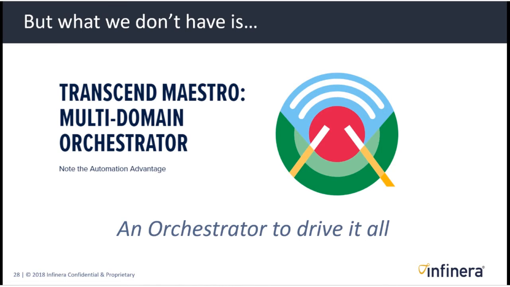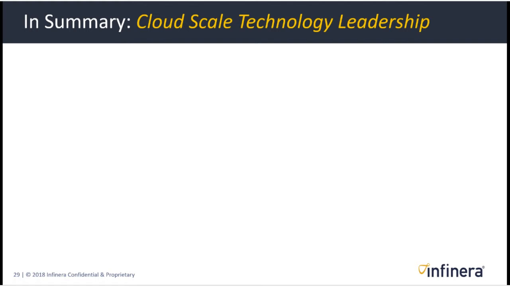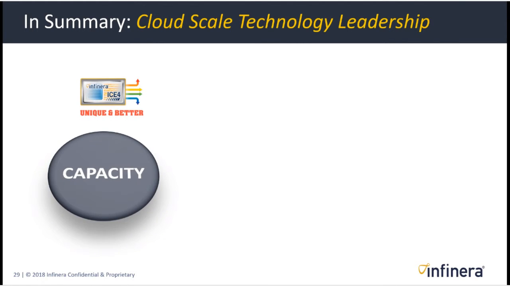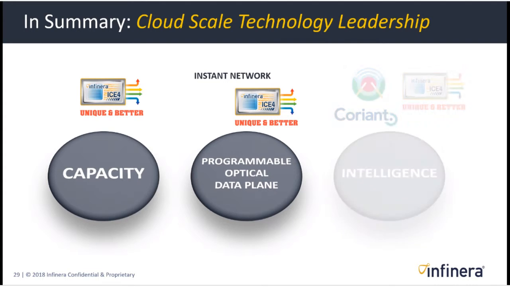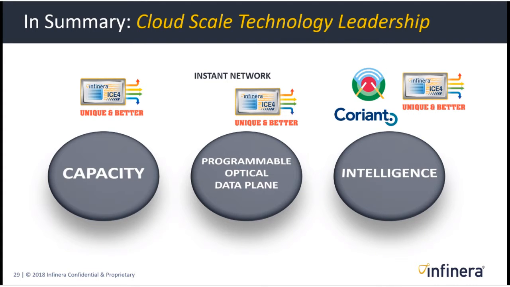In summary, cloud scale requires 3 specific properties from a user solution. These are capacity, a programmable optical data plane, and intelligence. Infinera has a unique and better solution for capacity based on the outstanding performance of the ICE4 chipset. And although I haven't mentioned it in this deck, we have a very strong technology roadmap for future ICE generations.